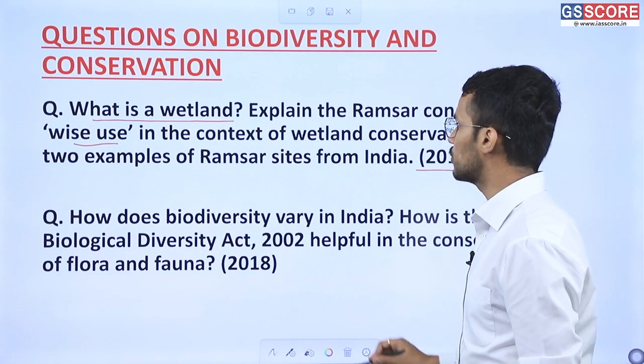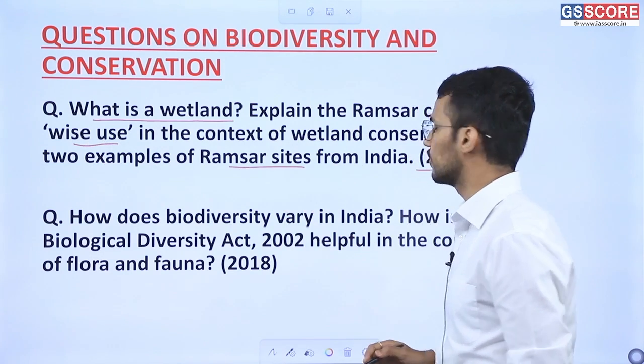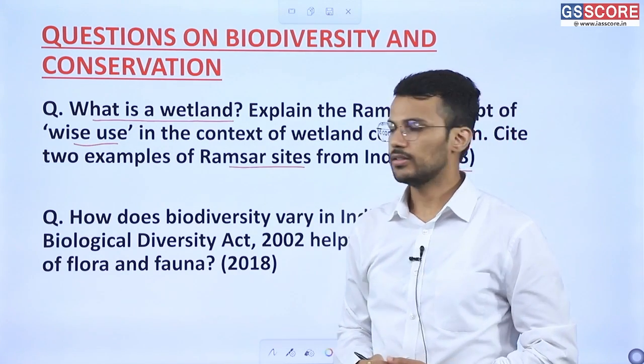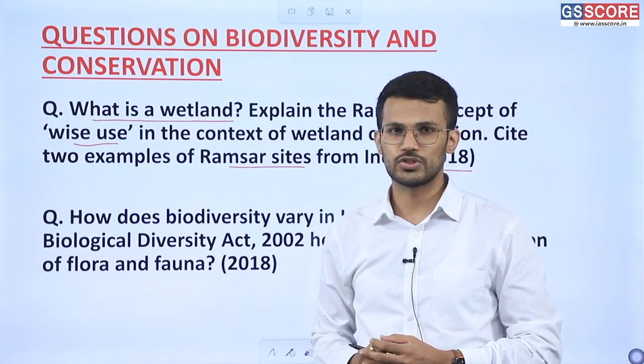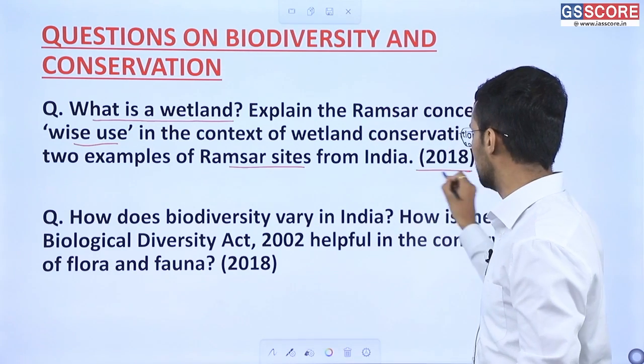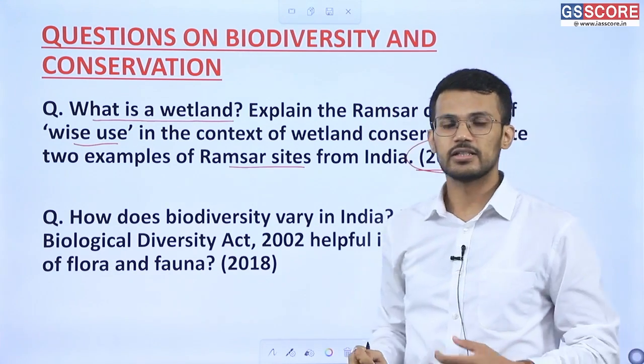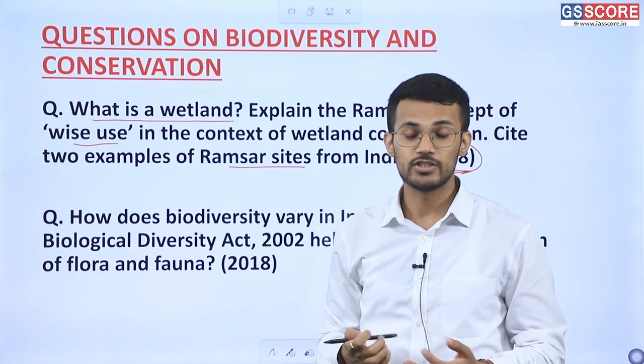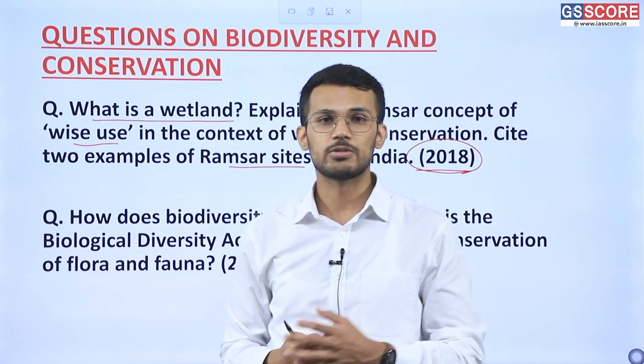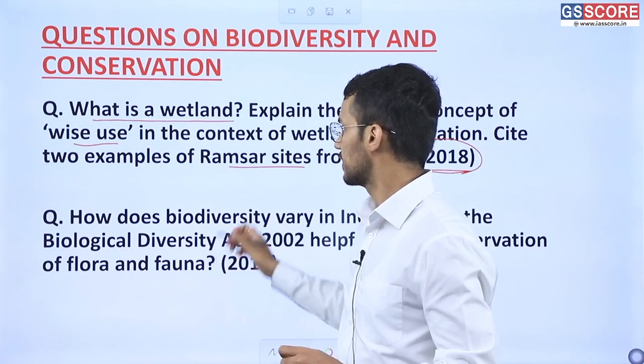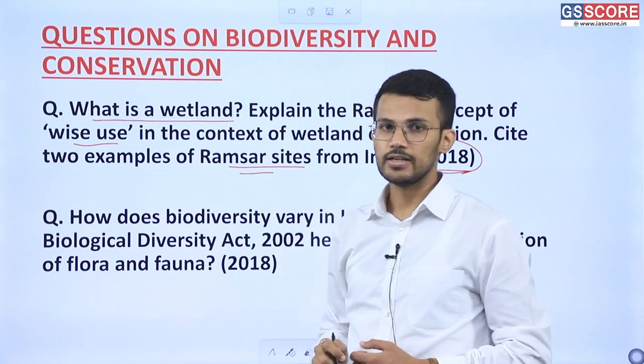Cite two examples of Ramsar sites from India. Right? So a very straightforward question asked by UPSC in 2018 on wetlands, then wise use of wetlands under the Ramsar Convention, and also the examples of Ramsar sites in India.